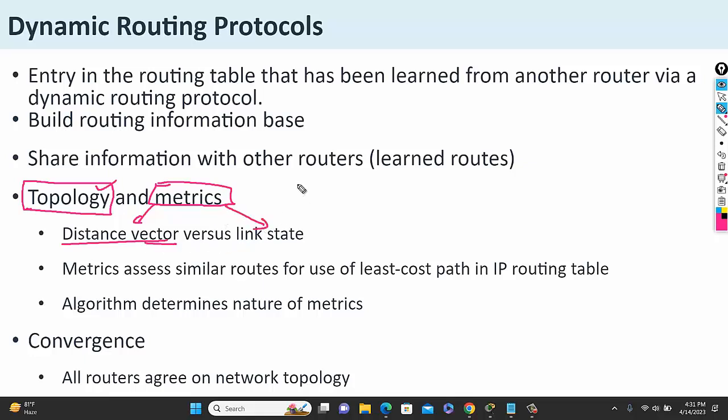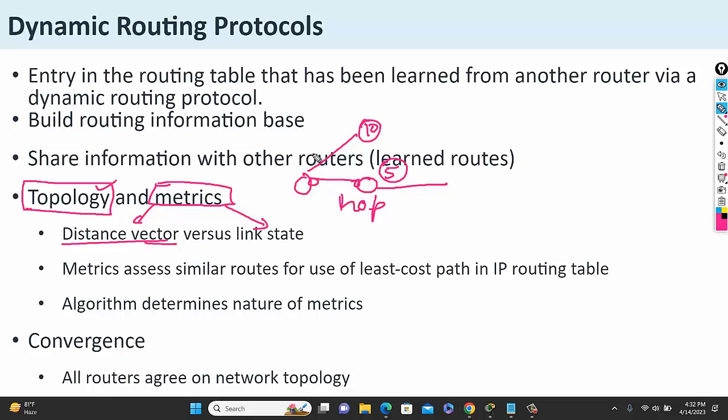Distance vector counts the hop count. If there are two routes, one route has 10 hops and another route has only 5 hops, the route with 5 hops will be used, no matter the distance.